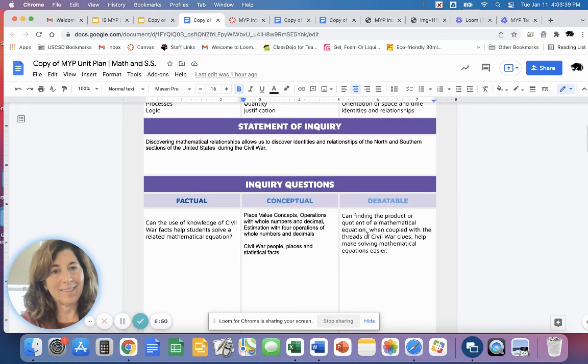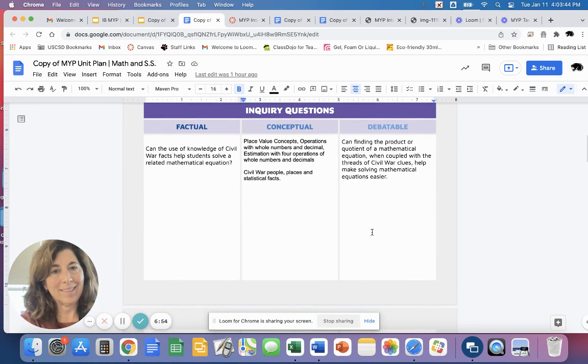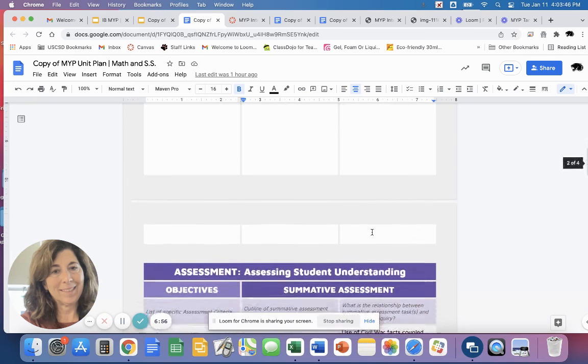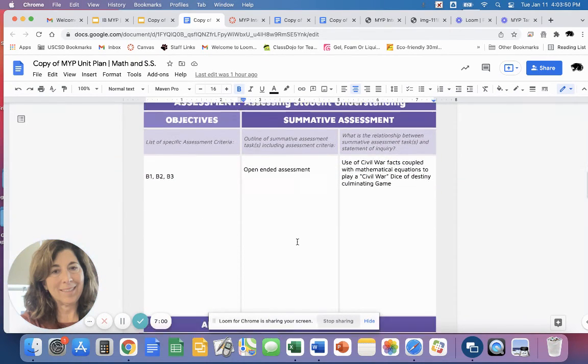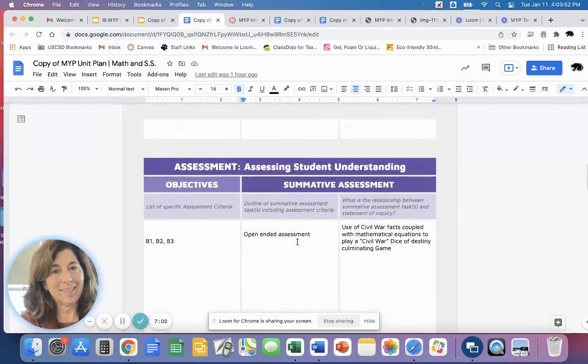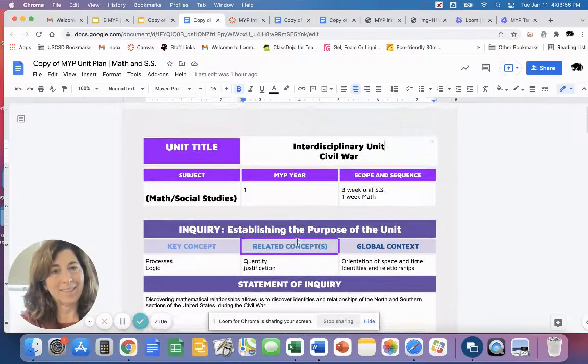Those are some of the things that are debatable, but that's what the purpose of interdisciplinary units can be. Some of the objectives, and this is a work in progress, so you might obviously see some mistakes, but this is just a sample that I wanted to share with you today.